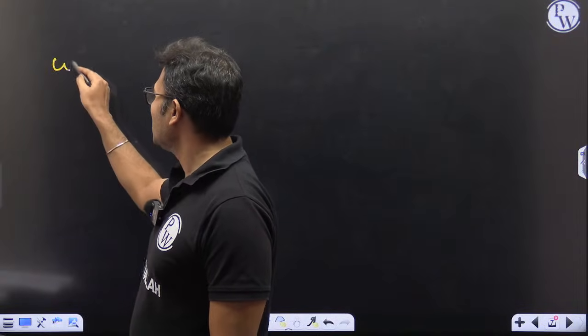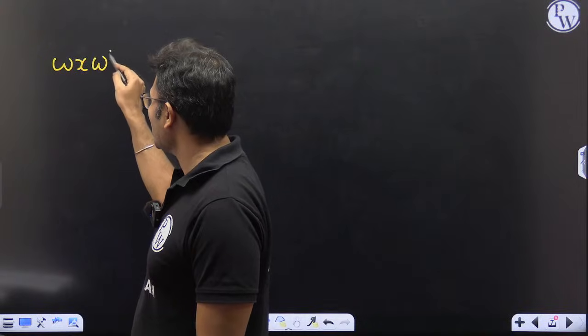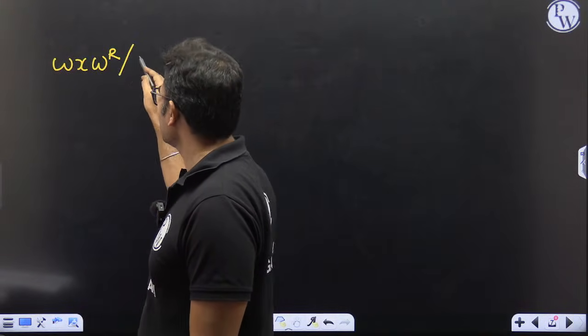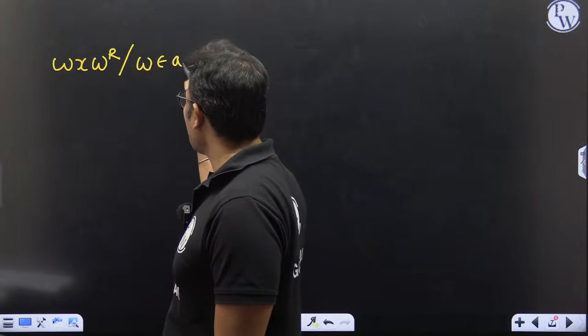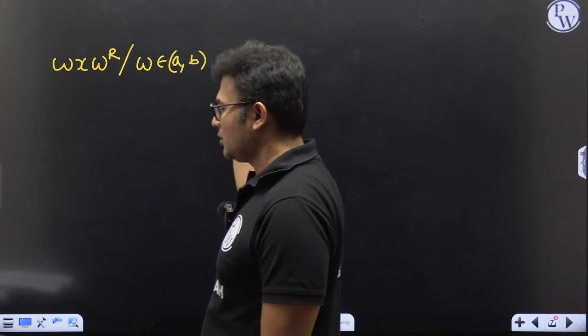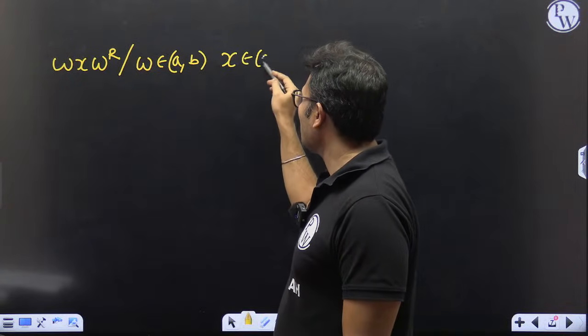So answer this question. The language is WXW power R such that W belongs to {A, B} and X belongs to {A, B}.